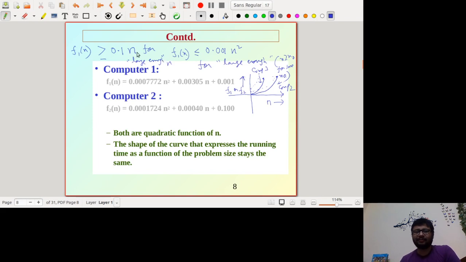Again, you will be able to work out some constant n0 prime, since I called n0 here, for n greater than or equal to n0 prime. I'm putting the prime to distinguish it from the n0 that I have written here. This is because the right hand side is a function that grows linearly with n. On the other hand, the left hand side is a function that grows quadratically with n. So the left hand side is a faster growing function. So eventually, it will overtake the right hand side function and will continue to dominate the right hand side function throughout.